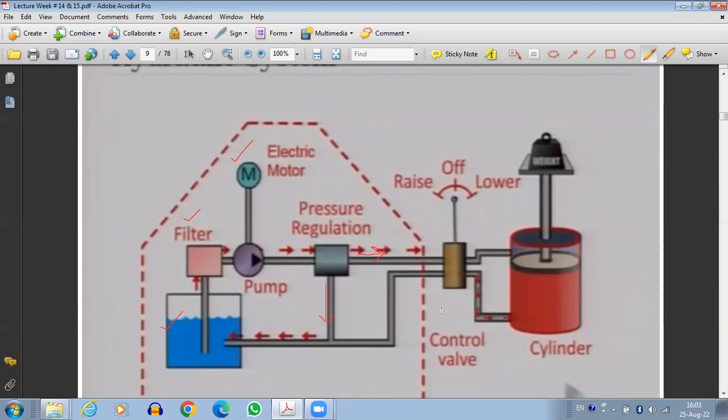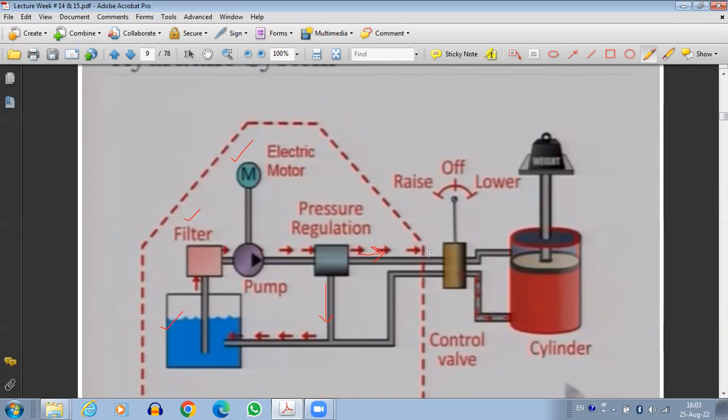Now the control valve is going to decide the direction of the flow. For the control valve, we have different ports. We have some ports on the fluid generation side, and some ports on the fluid transmission side.